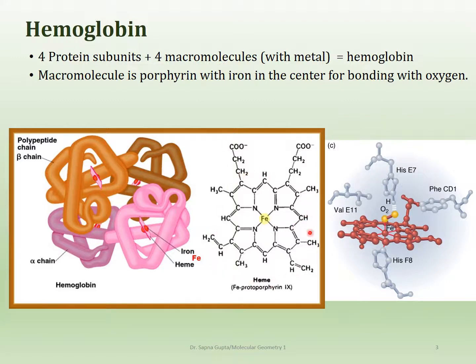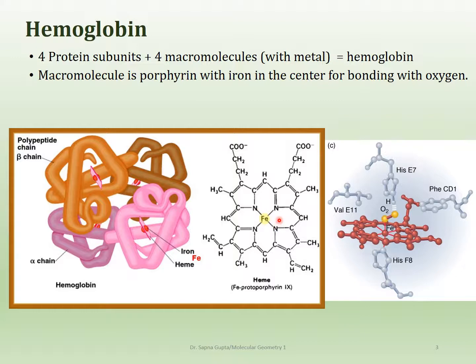The macromolecule is right here, which is called porphyrin. And porphyrin is the one that actually gives it the red color. The proteins themselves are not colored at all, but the heme, okay, that's the hemoglobin part. The globin is the protein. The heme is the porphyrin part that gives it the red color. And this is what gives the red color to the hemoglobin. And here in the middle, it has iron.